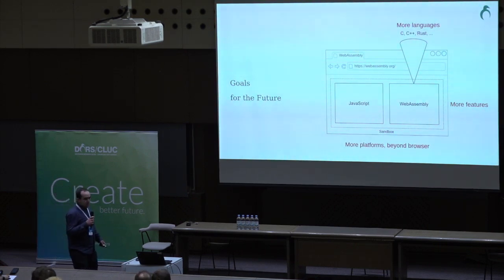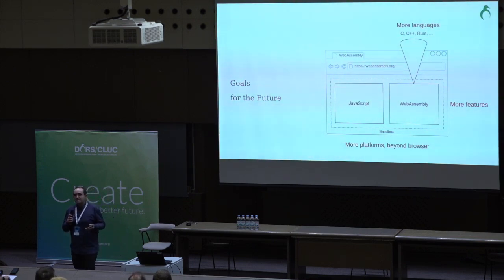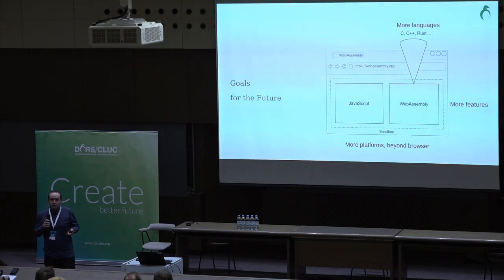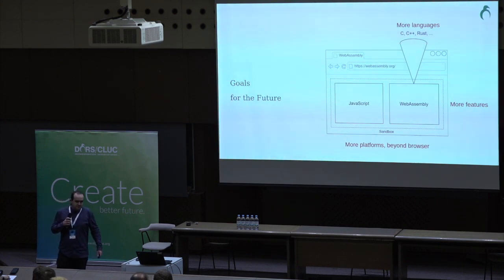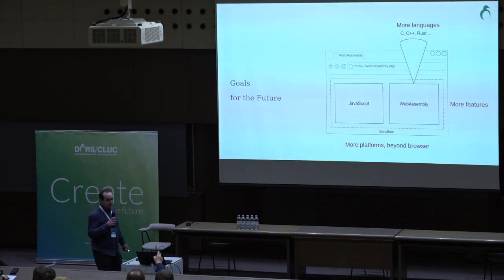But for now, let's see what else we want to have in WebAssembly. We want more features. Currently, WebAssembly version 1.0 is the MVP, minimum viable product. Some things are missing. Since December 2017, some things have been added, like support for threads. That was relatively recently added to WebAssembly.